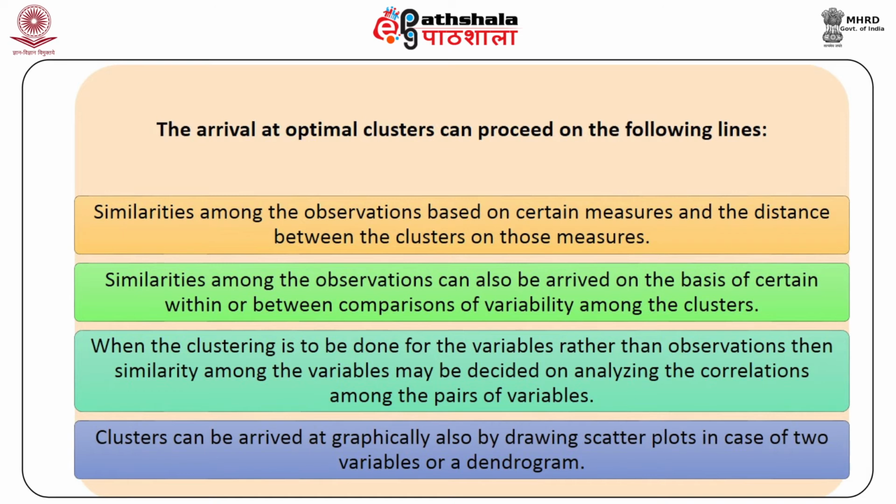Clusters can be arrived at graphically also by drawing scatter plots in case of two variables or a dendrogram. The quality of clustering result depends upon the methods used and their implementation. There is a dimension of subjectivity involved in cluster analysis which does affect its quality.